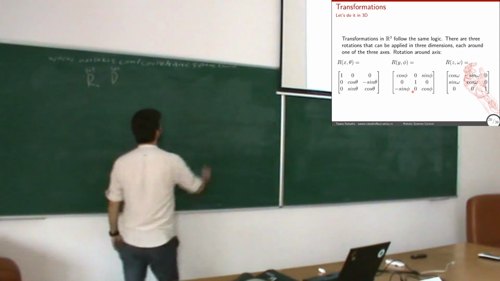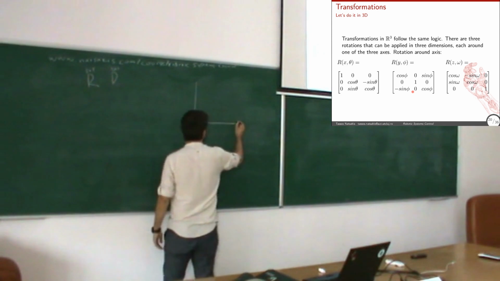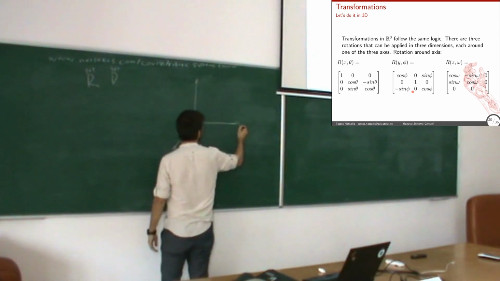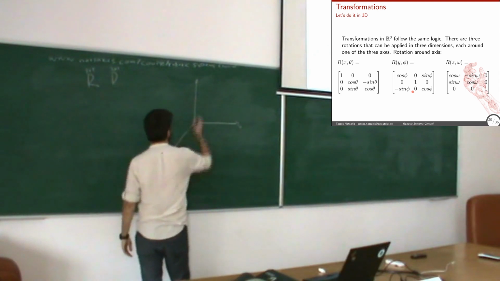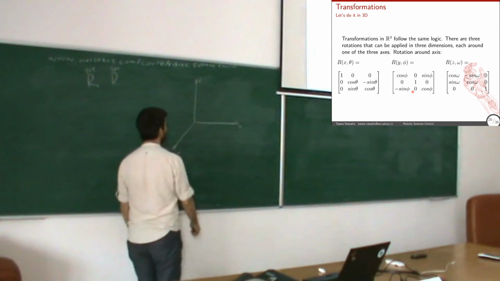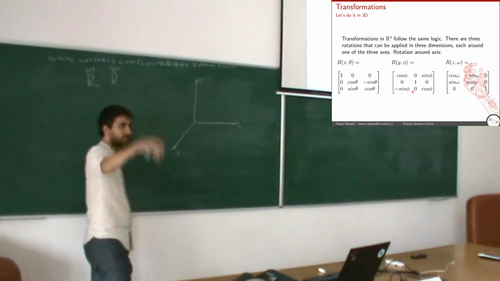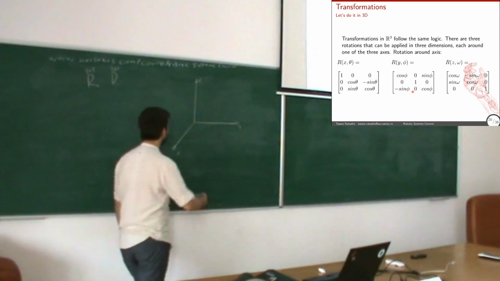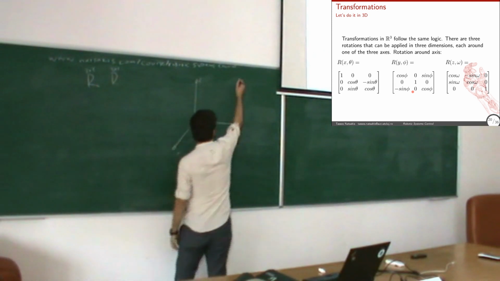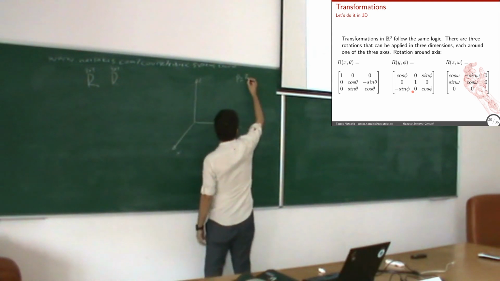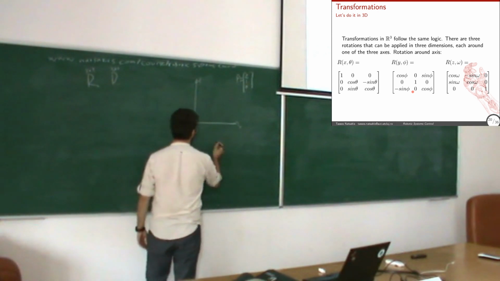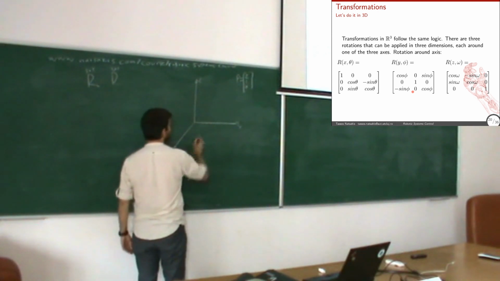Let's do a quick one. Let's say this is y, this is x, this is z, and we have a point P with coordinates 2, 1, 0. This means it has x 2, y 1, and z 0.